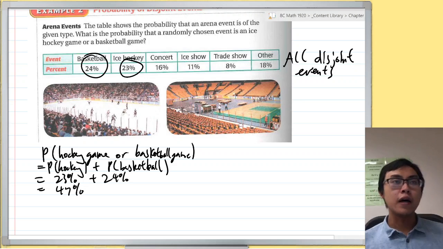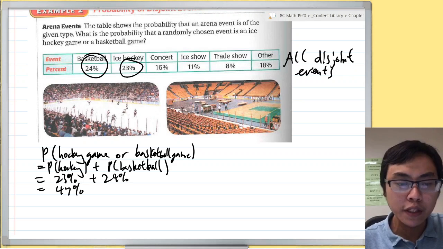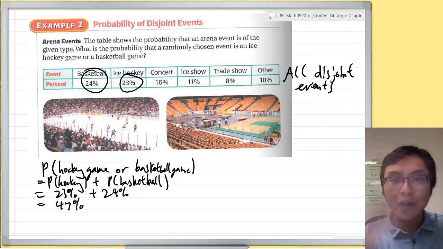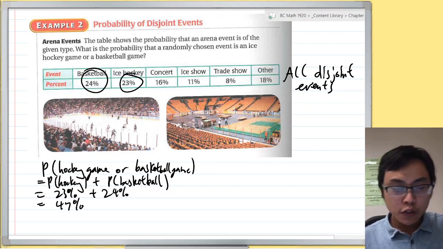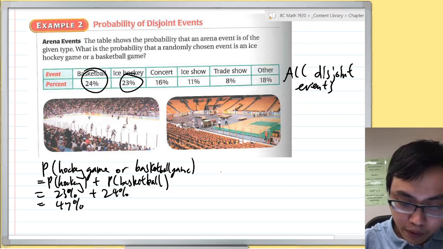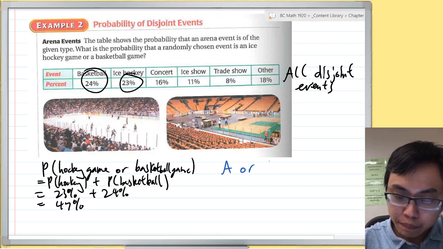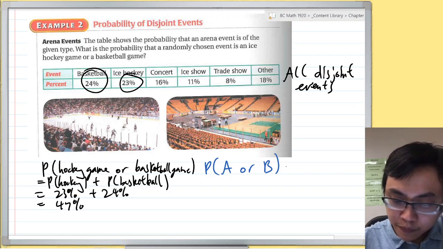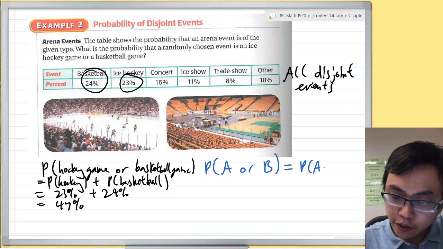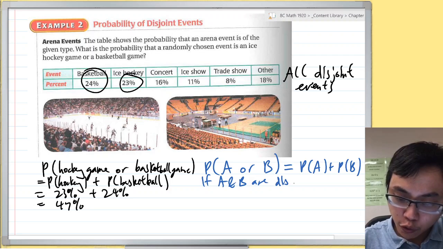That is adding disjoint events together. The probability of disjoint events, so either this or that. So quick note, long story short, if we're looking for A or B, the probability is equal to the probability of A plus the probability of B, if A and B are disjoint.